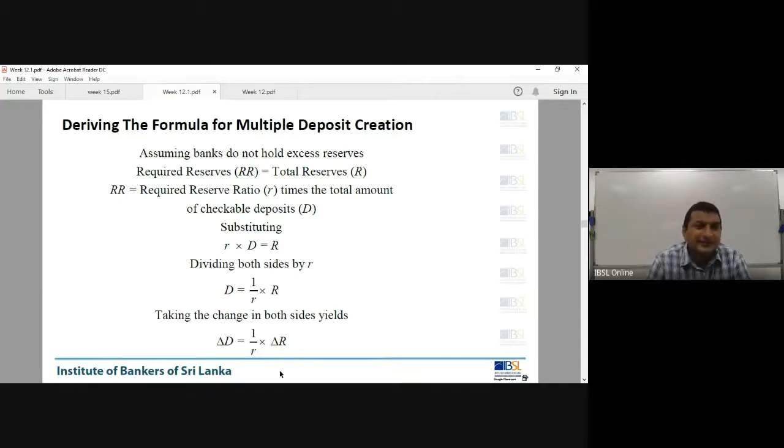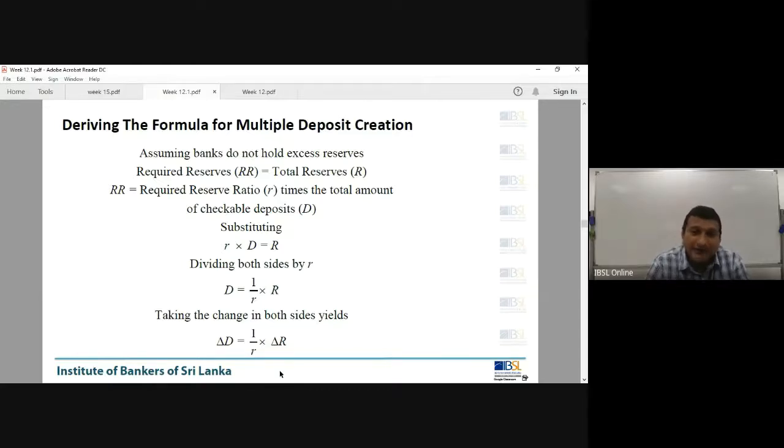And in this example, it is checkable deposits that we were discussing. A small r is given to recognize the ratio, and in the example it was 10%, times the total checkable deposit. In the first instance of the example that we discussed, it was 100, and the ratio was 10.